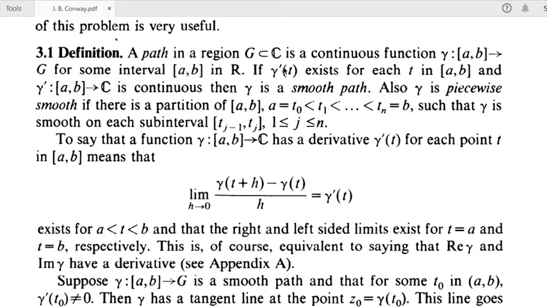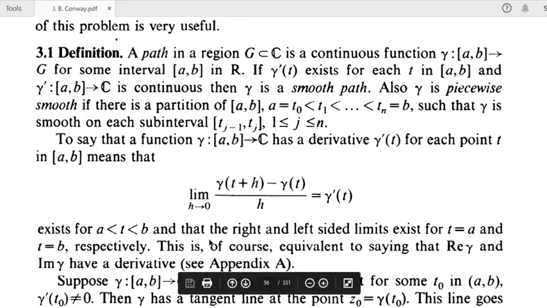It means that the limit as h tends to 0 of gamma of t plus h minus gamma of t, divided by h, exists, and when it exists we call it the derivative of gamma at t, gamma dash of t, for every t strictly between a and b, and the right and left hand limits exist for t equal to a and t equal to b respectively.